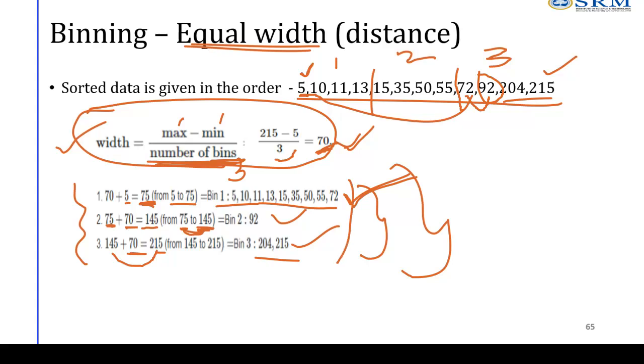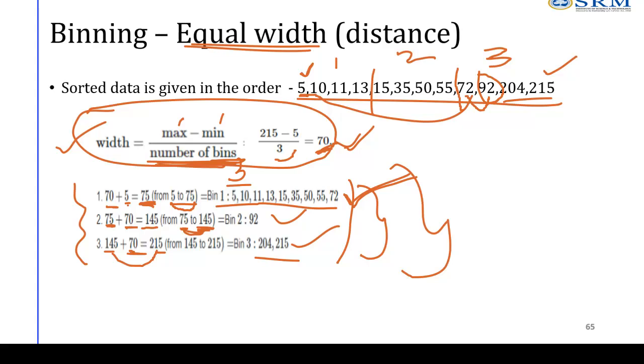So the minimum value plus the width gives a value, then from the minimum to that value is the first bin, and that value plus the width gives the next. Accordingly we find the values that fall into the 3 bins, and we have decided how many bins there should be according to our problem.